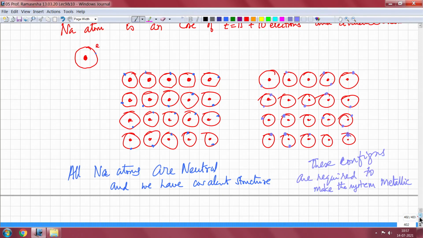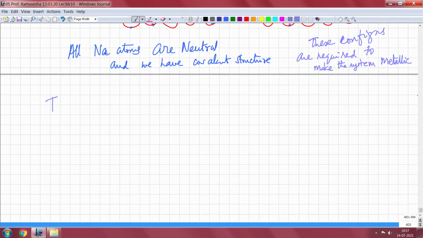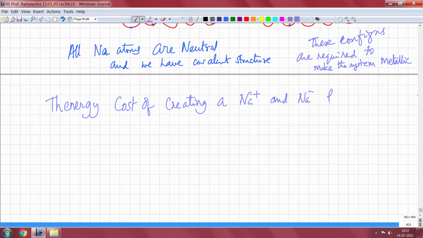So let us see what is the energy cost of creating a sodium plus and a sodium minus from two neutral sodium atoms, that is Na plus Na giving you Na plus Na minus.